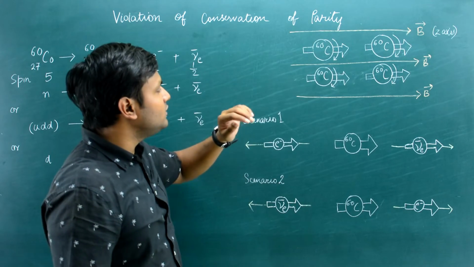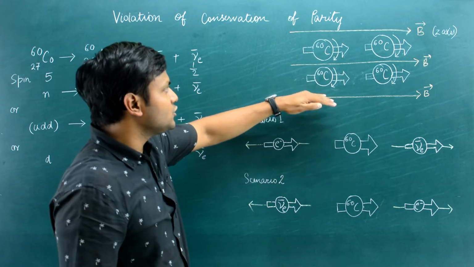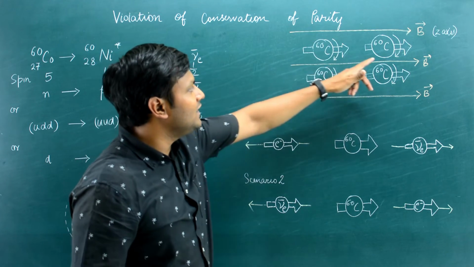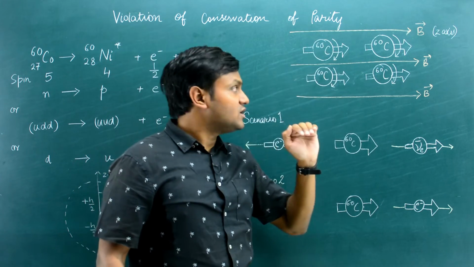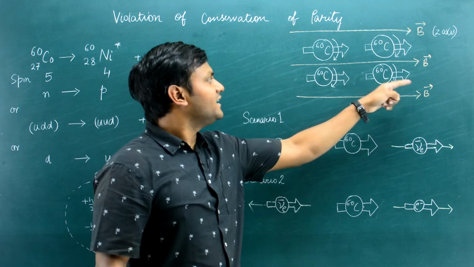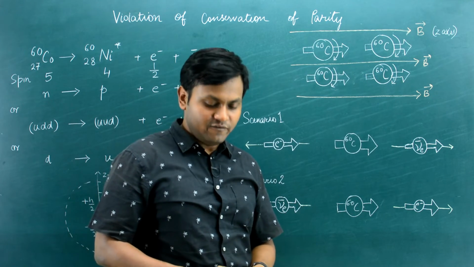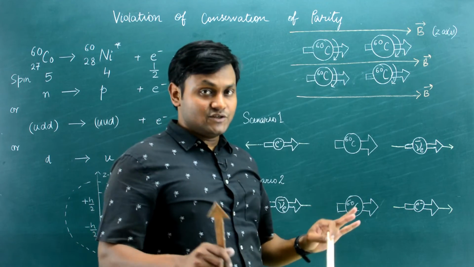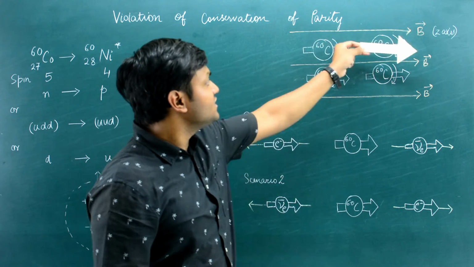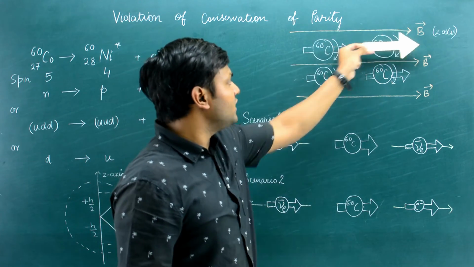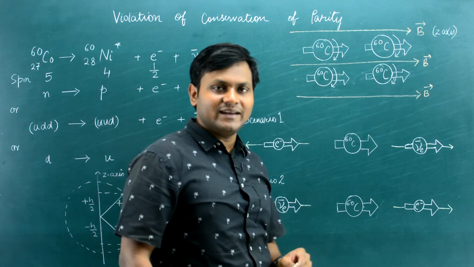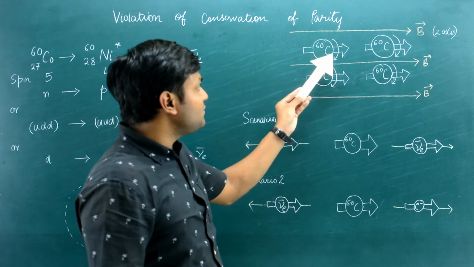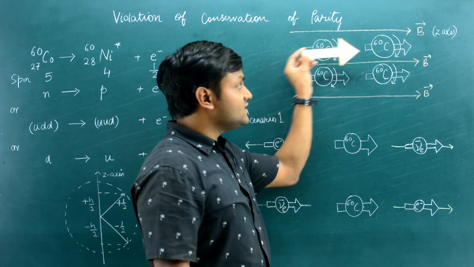Now I just told you that a magnetic field is provided so that all the cobalt-60 nuclei can orient themselves such that their spins are all directed in the direction of the magnetic field. So that means for every cobalt nucleus that is at rest, not in motion, their spin arrows will be pointing towards the direction of the magnetic field. That means the spin is in the positive z-axis. So this is the positive z-axis.